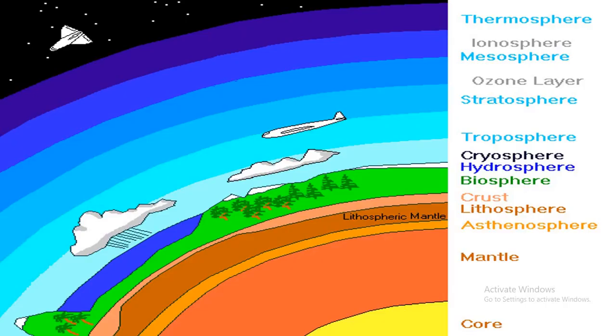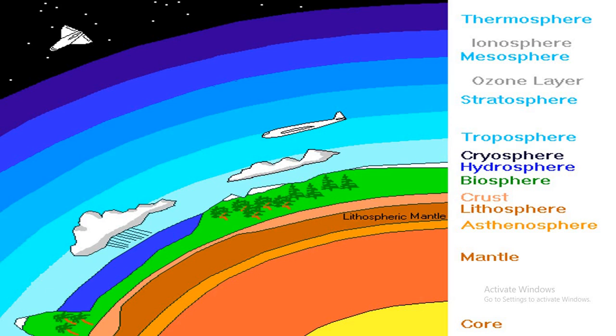Already you are very well familiar with core, mantle and crust, where the lithosphere forms, isn't it? And then the hydrosphere, and the biosphere is with the atmosphere. After atmosphere it goes on with troposphere.